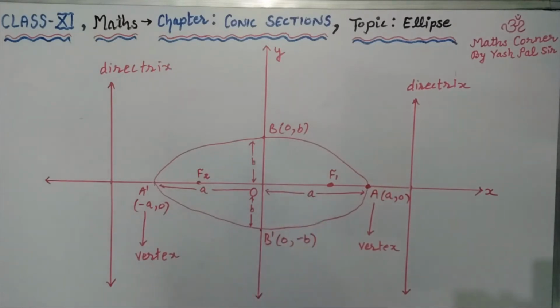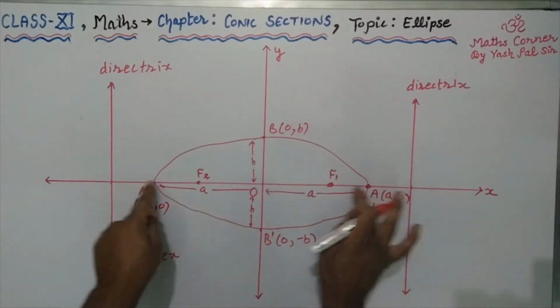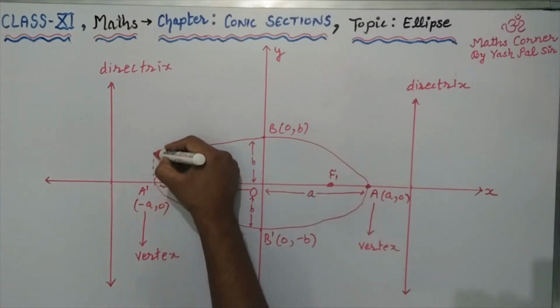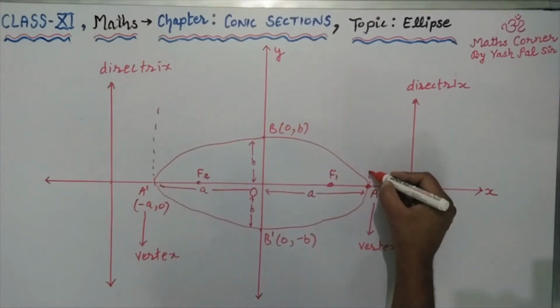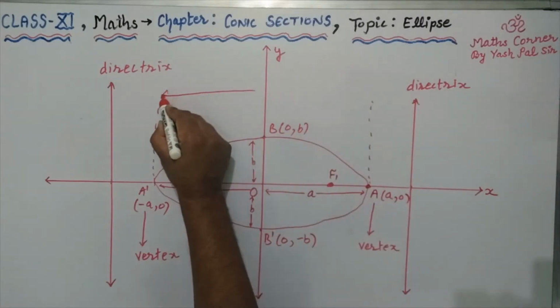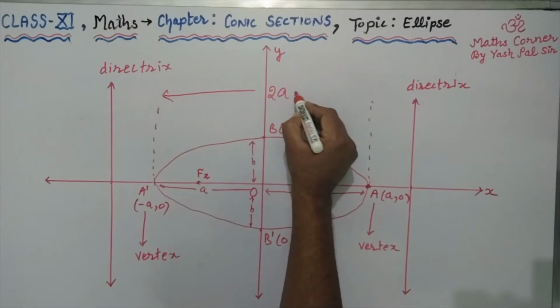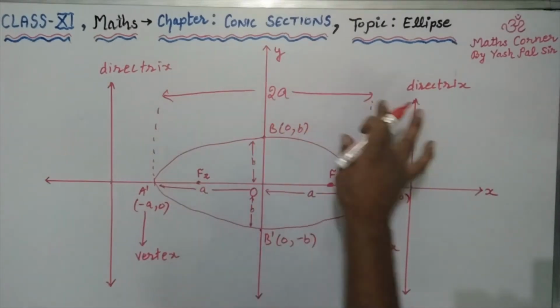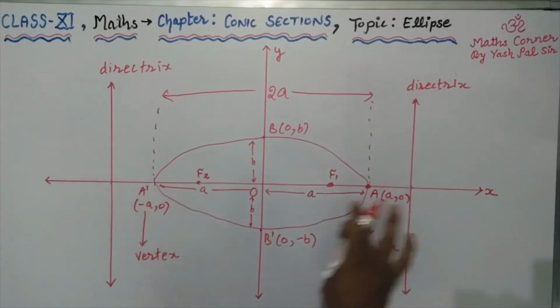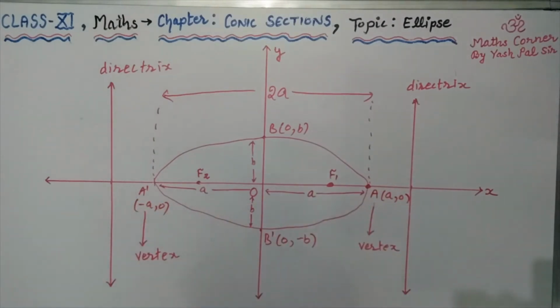These two points are not the vertices, because the length of major axis, this distance, is 2a, this is called major axis. So about this major axis, these two points are called vertices. Okay, so this way we have the first ellipse.